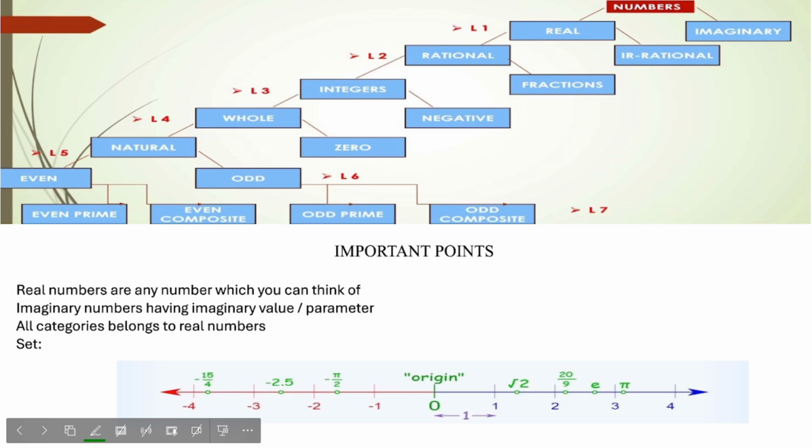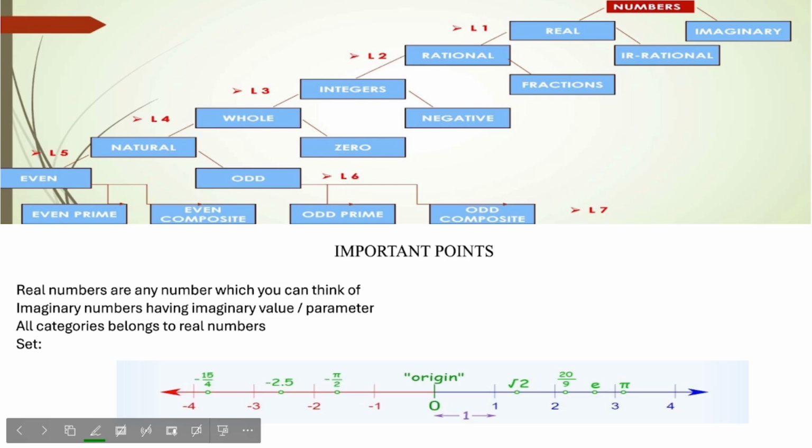Imaginary numbers have an imaginary value and parameter, as we discussed right now. All categories belong to real numbers, as we can see on the screen from the diagram. And you can look at the set indicating a line having all different values, all different categories of real numbers, which also has rational, integers, negatives, 0 and everything.